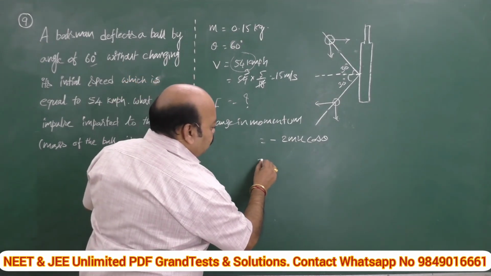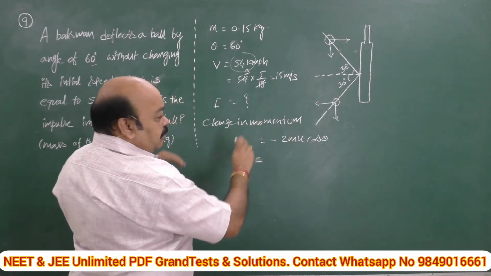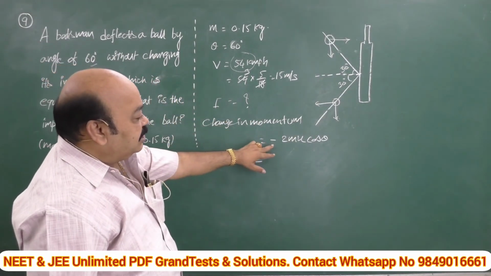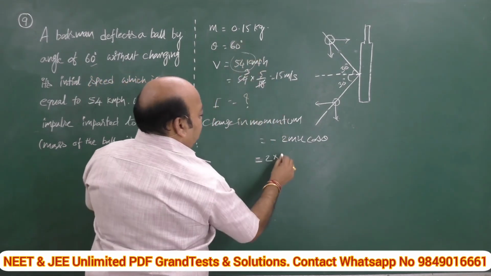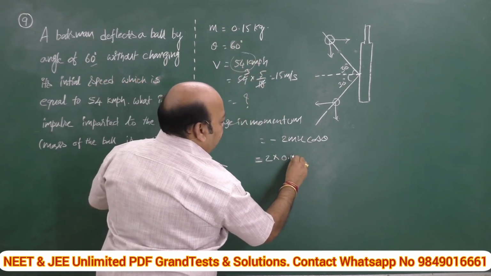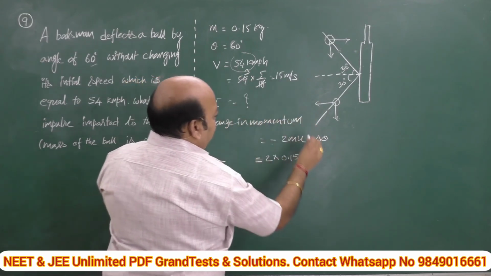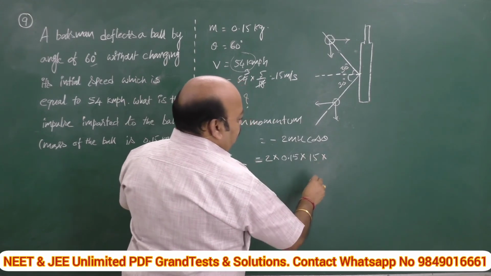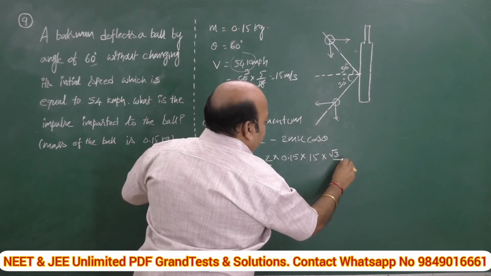Now simply substitution. Only this negative sign indicates the direction of the momentum. Of course, it is not asked in the question, so it is additional information only. 2 into mass of the ball 0.15 kg into velocity with which it was thrown, this is 15, and coming to cos theta, cos 30, nothing but root 3 by 2.